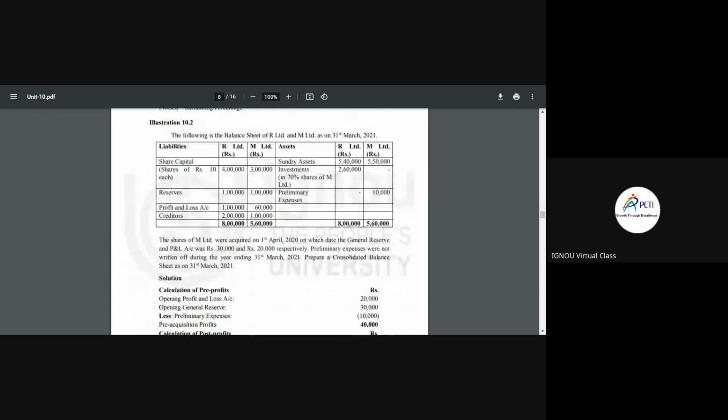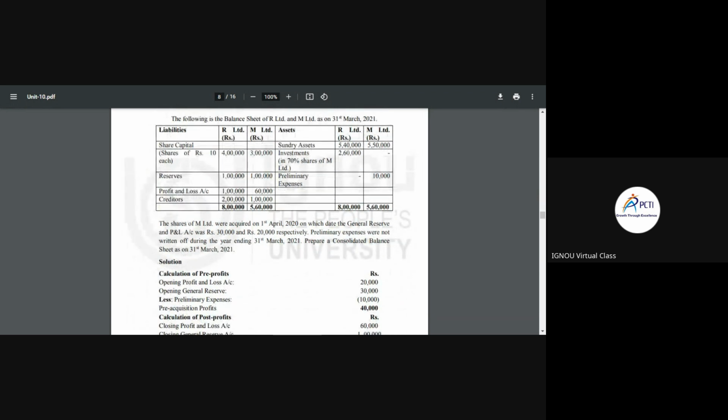Next one is the following: the balance sheet of R Limited and M Limited as on 31st March 2021. In the case of liabilities and assets, we have all the information, and we have some added information, that the shares of M Limited were acquired on 1st April 2020, on which date the general reserve and P&L account were rupees 30,000 and 20,000 respectively.